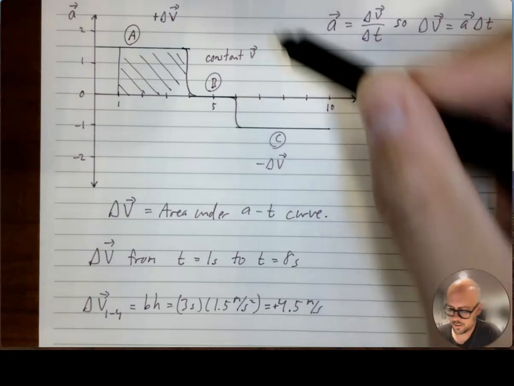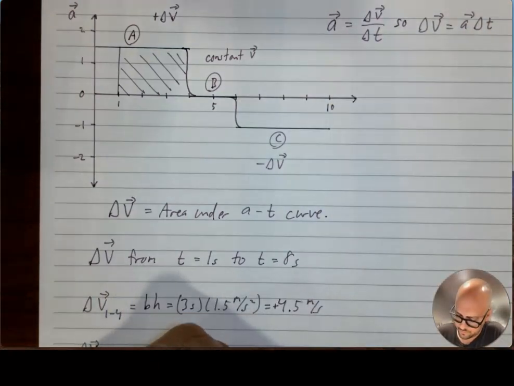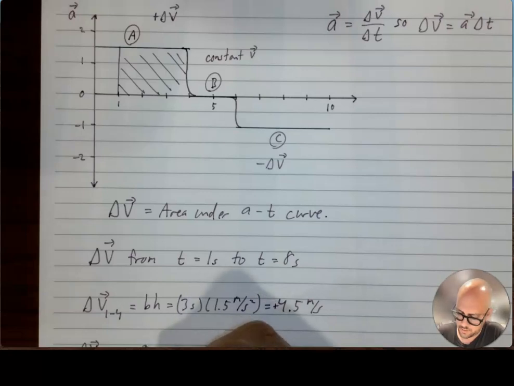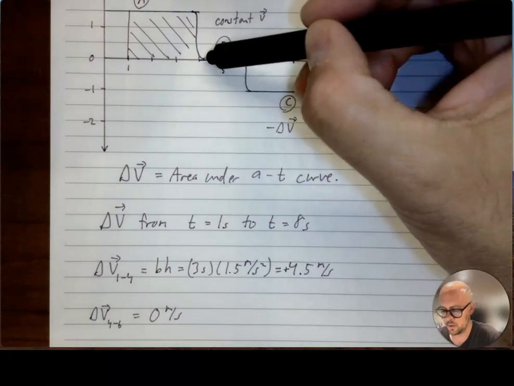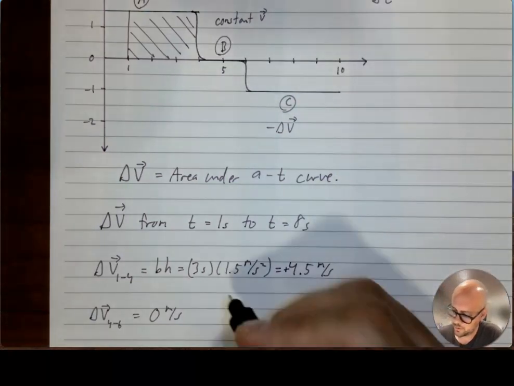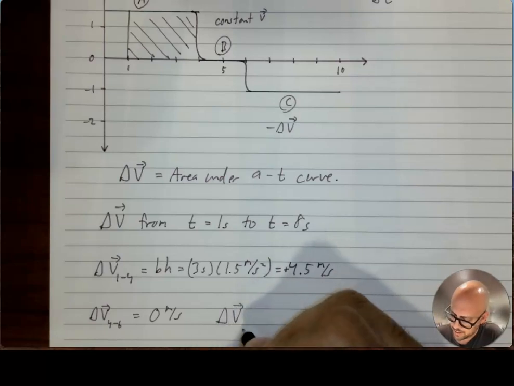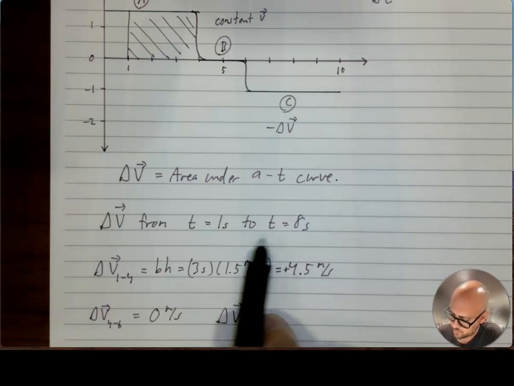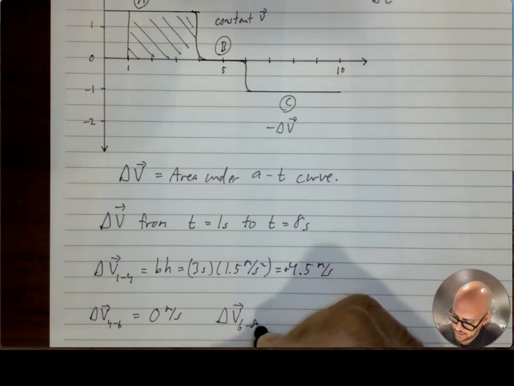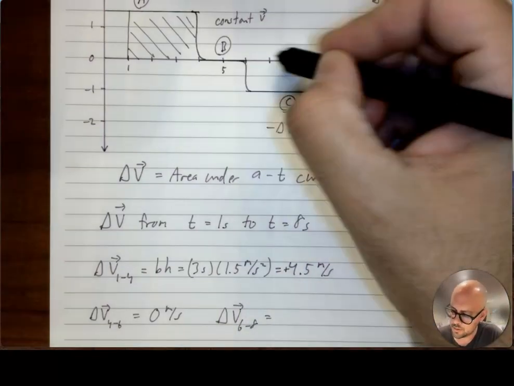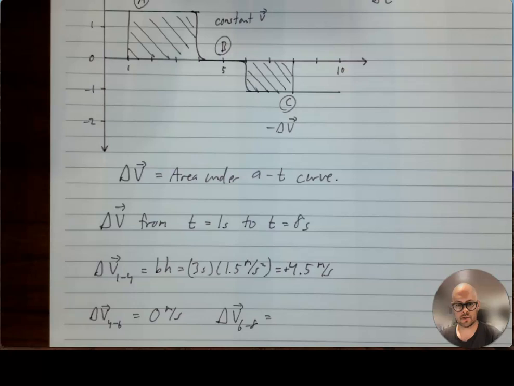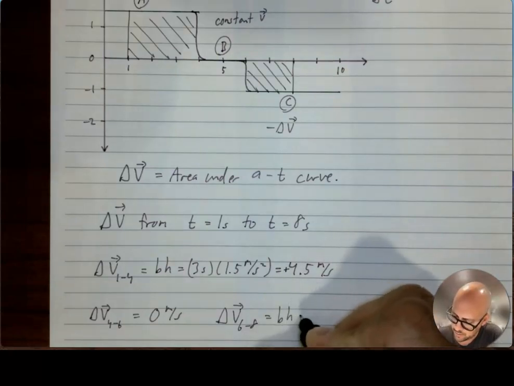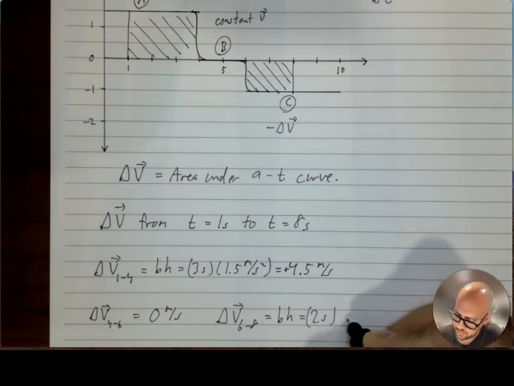From 4 to 6 seconds, there is no change in velocity. I don't need to calculate anything because I have a flat line at 0 meters per second squared. For the last segment, I said it was going to be from 1 to 8 seconds, so this is going to be from 6 to 8 seconds. So 6, 7, 8, and I just define that as my space. So that's going to be another rectangle. This is going to be 2 seconds with an acceleration of -1.